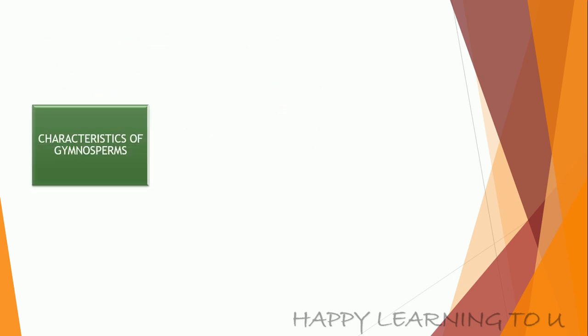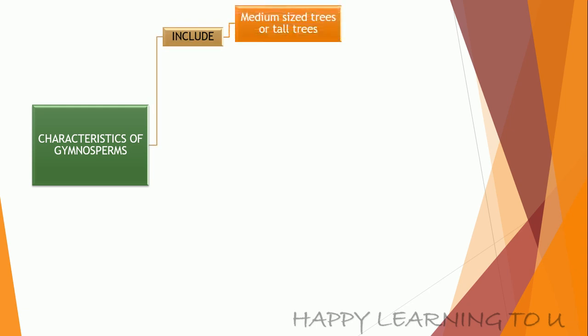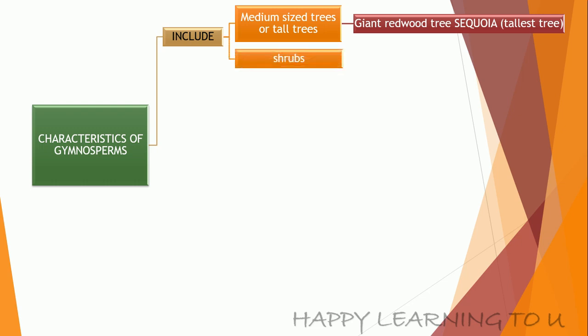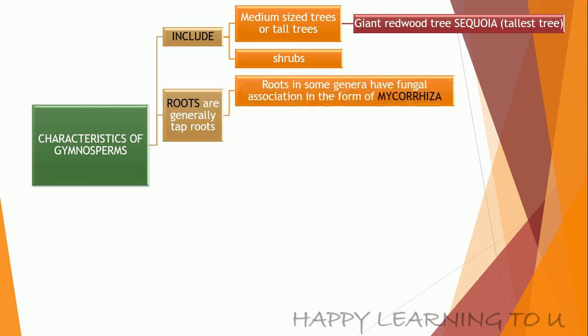Let's come to characteristics. Gymnosperms include medium-sized trees or tall trees, an example being the giant redwood tree, sequoia, which is the tallest tree, and also include shrubs. Now, the roots here are generally taproots.